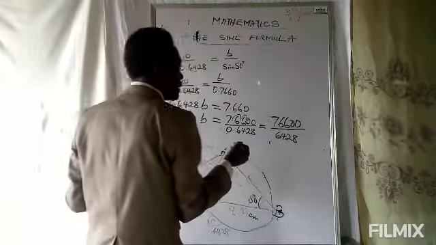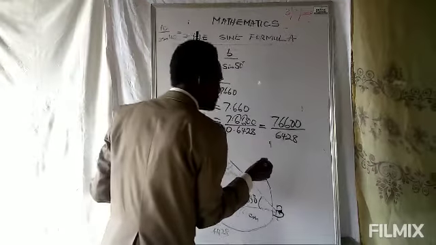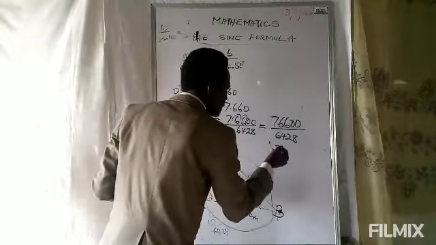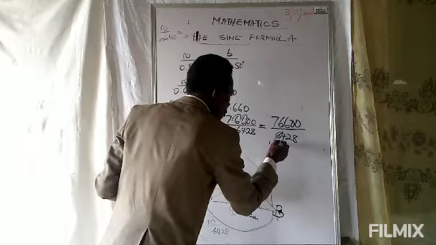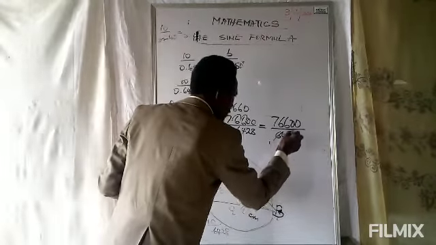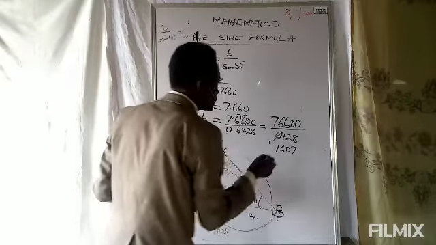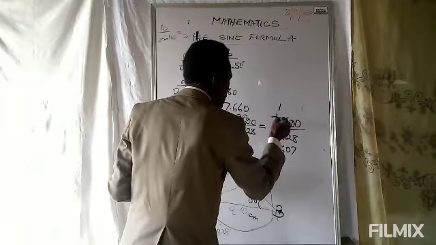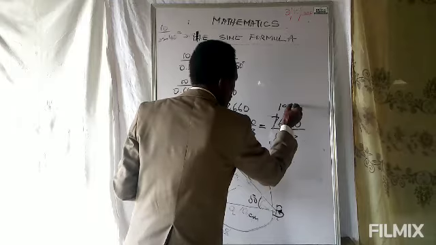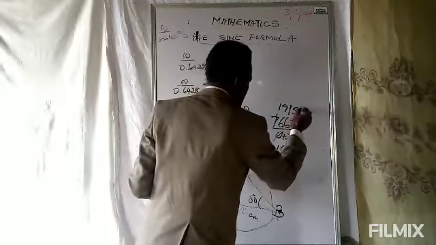Okay, so with this one now, if we divide by, let's say, 4 here, 1, 4 here, 6, 4 here, 0, 4 here, 7, 4 here, 1, then 4 here, 9, 4 here, 1, 5, 0.